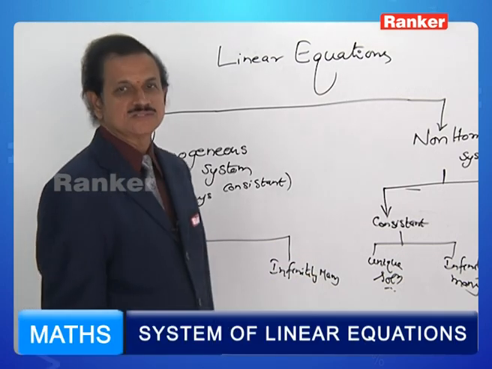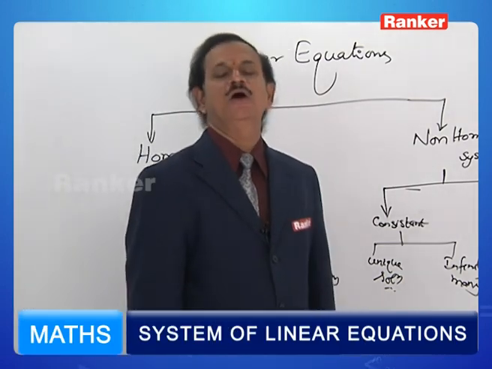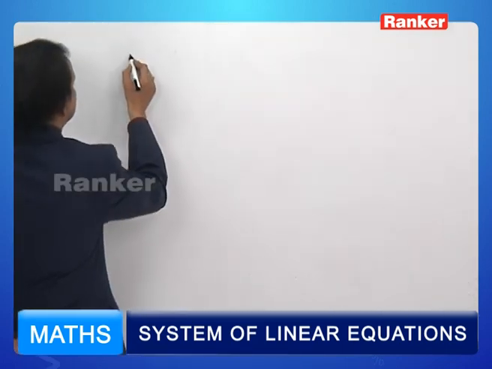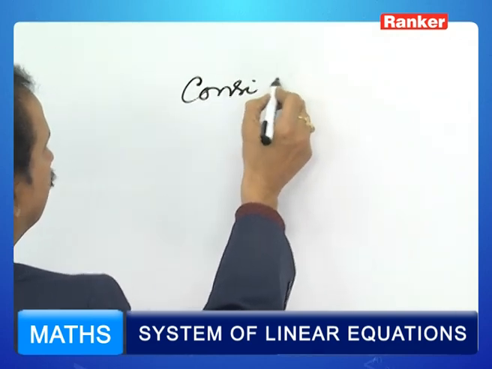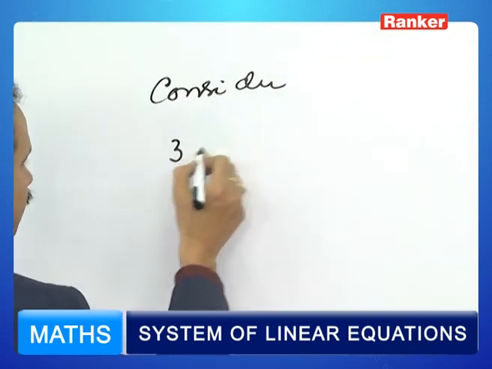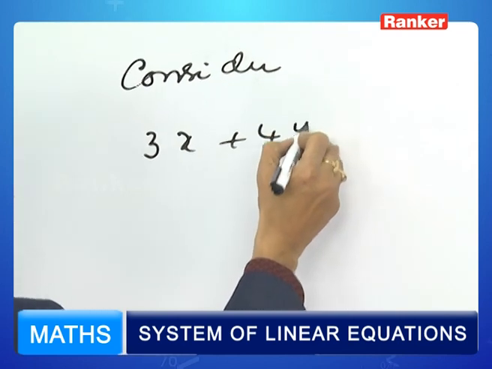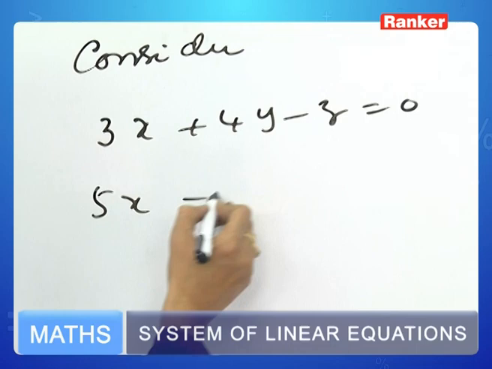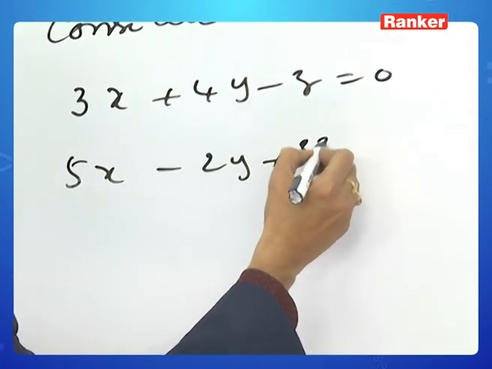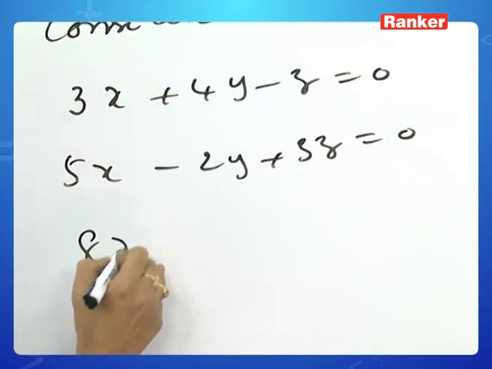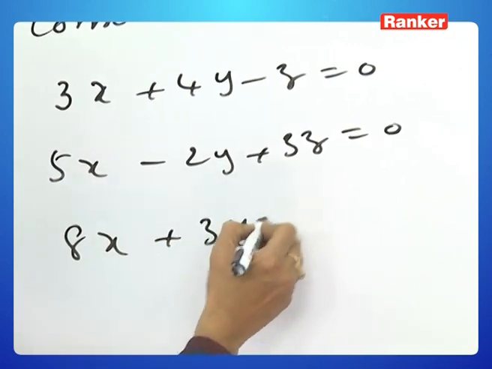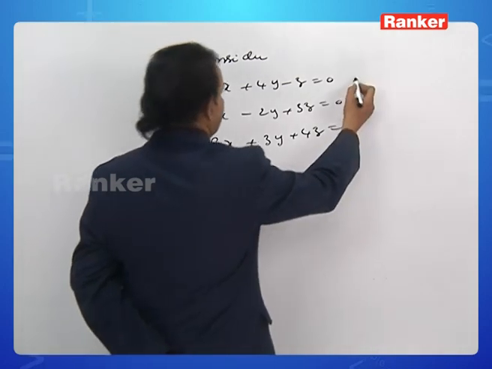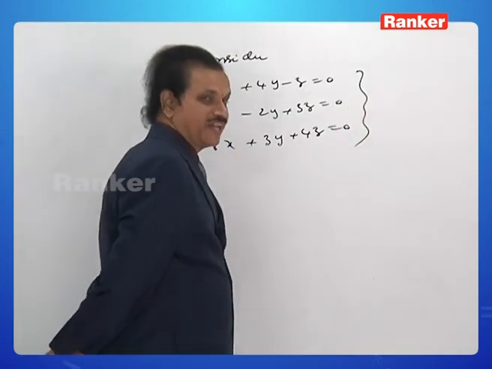Now, let us focus our attention on homogeneous systems first. Consider 3x plus 4y minus z is equal to 0, 5x minus 2y plus 3z is equal to 0, 8x plus 3y plus 4z is equal to 0. This is a system of three equations in three variables.